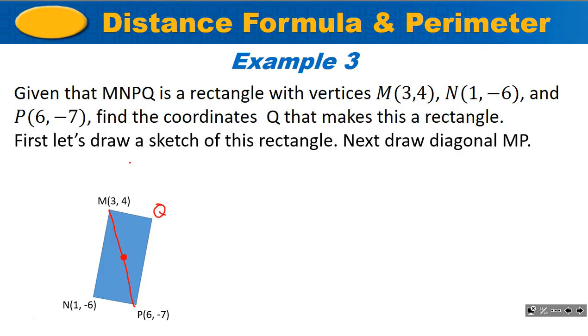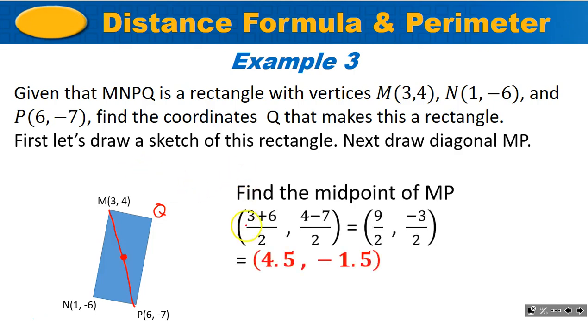So the very first thing we want to do is find the midpoint of segment MP. To do that, we add our x's together, divide by 2, add our y's together, divide by 2. When we do that, we get 9 divided by 2, and that's 4.5, and that's the x value, and then -3 over 2 is the y value. So this is the x and y value of our midpoint.